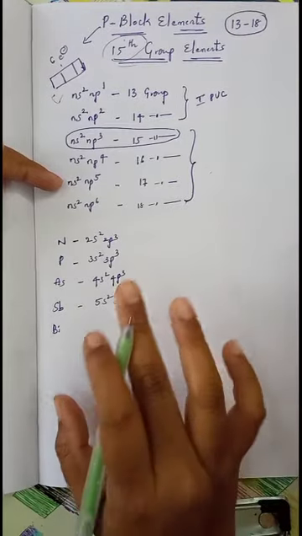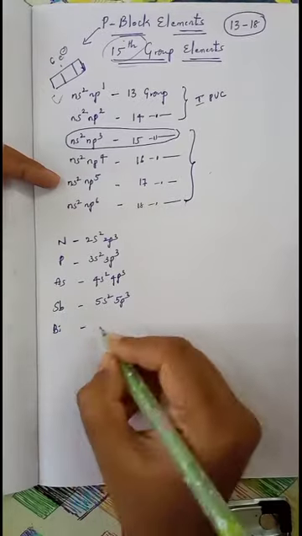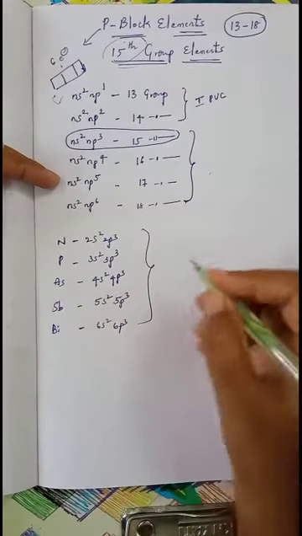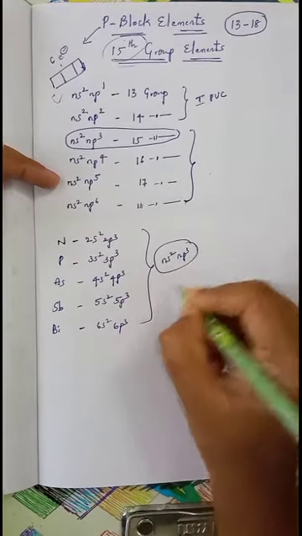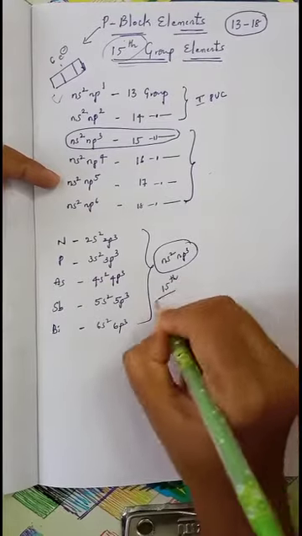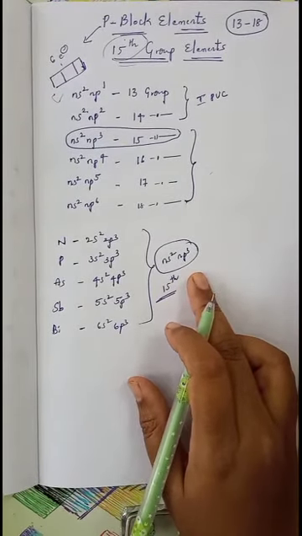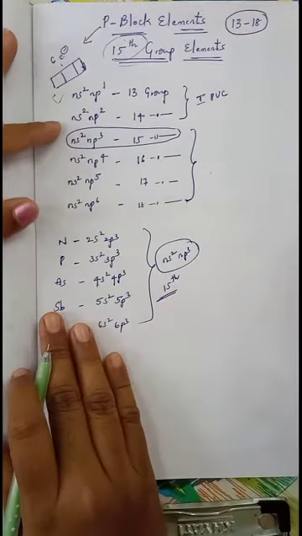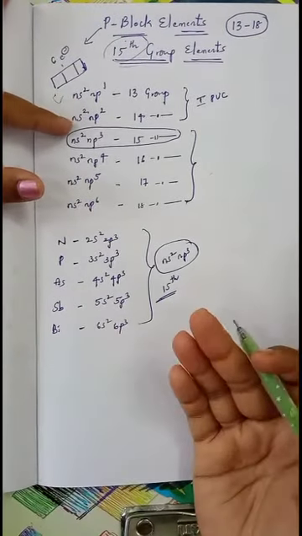In between we can also see f orbitals and d orbitals, except in nitrogen. Now bismuth is 6s2 6p3. That means all these contain the outermost configuration resembling ns2 np3, so we can call them 15th group elements. Whatever elements contain such configurations in their valence shell are said to be 15th group elements.